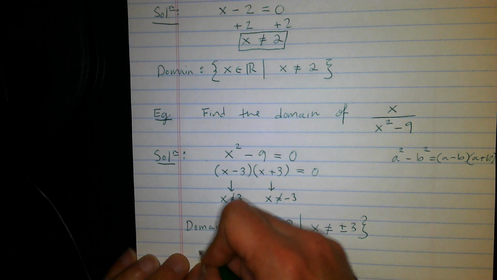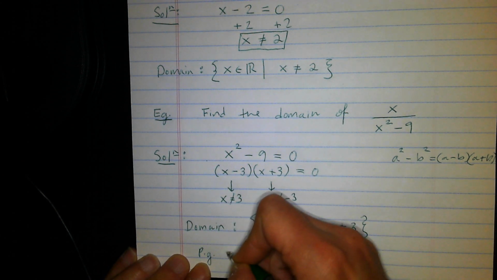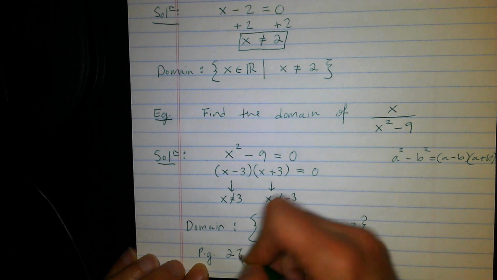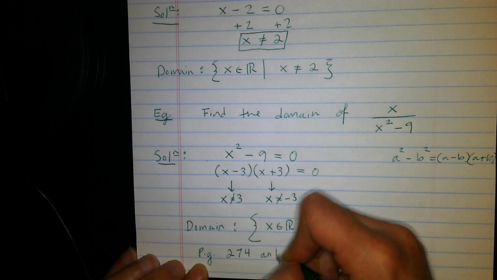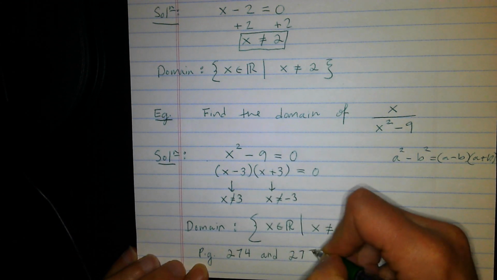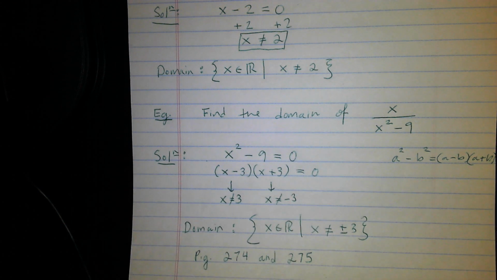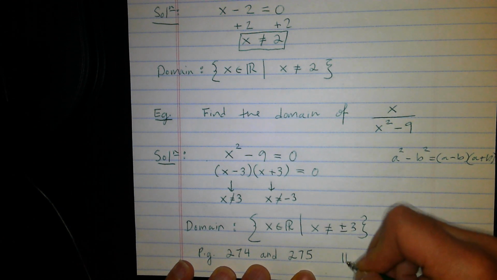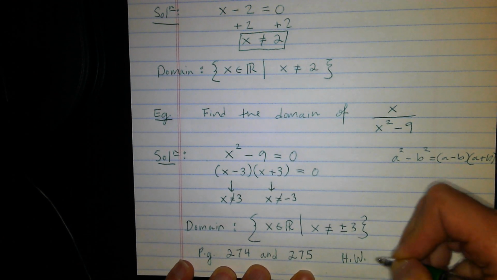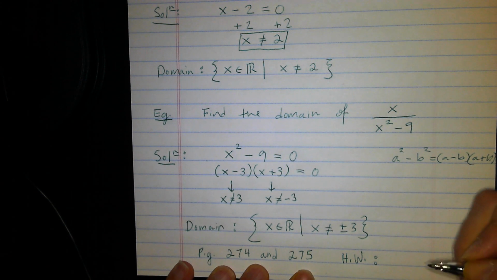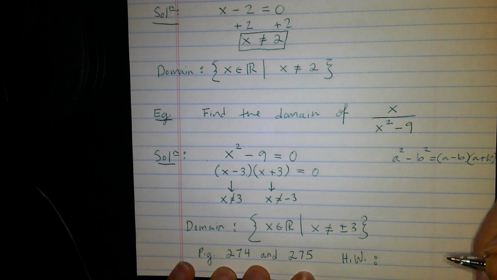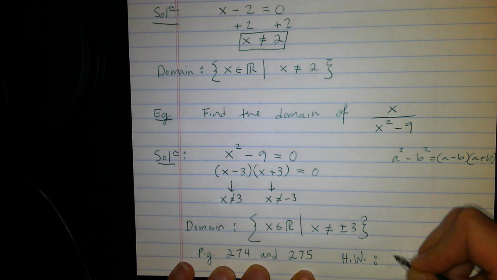Try the questions on pages 274 and 275. Those are just some u-tries. I've got some worked examples to the side of them. And then for homework, make sure you complete page 276.